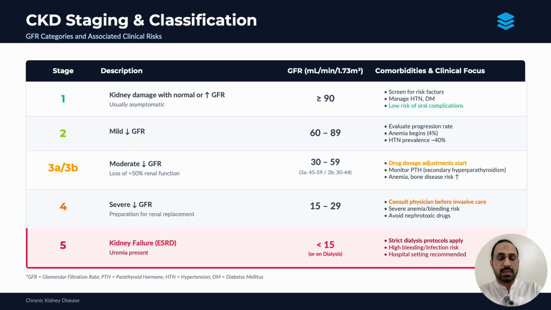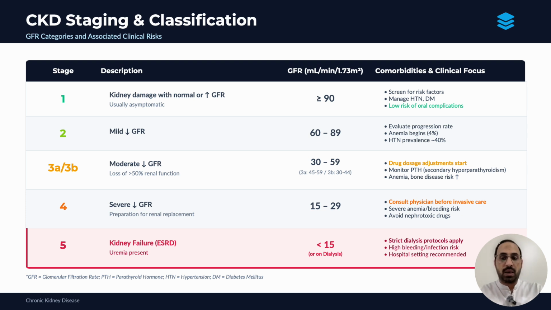Chronic kidney disease is classified into 5 stages based on the glomerular filtration rate, or GFR. For stages 1 through 3, our focus is on screening and managing comorbidities, such as hypertension or diabetes mellitus.